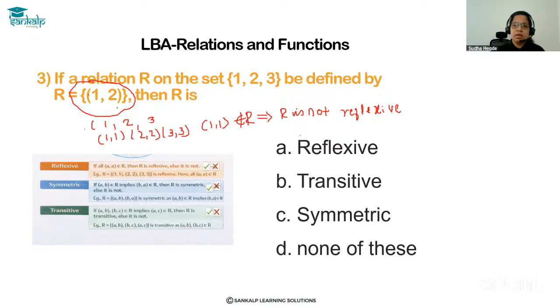Next, (1, 2) belongs to R. If (2, 1) is also there in R, then R is symmetric. But (2, 1) is not there in R. Therefore, R is not symmetric.